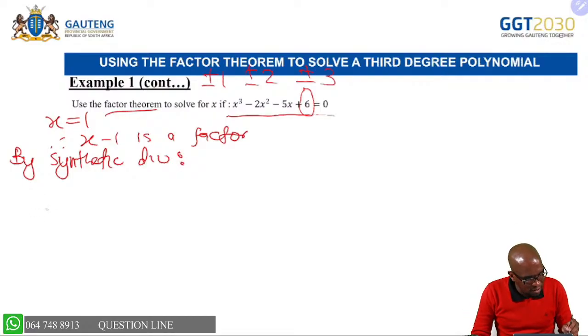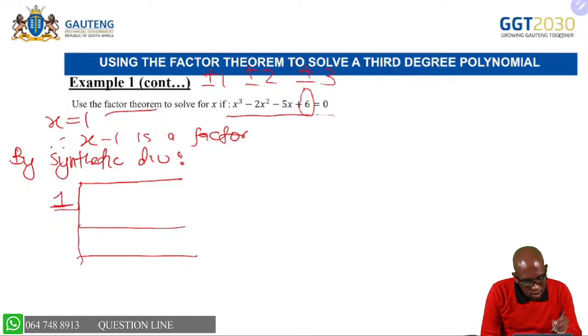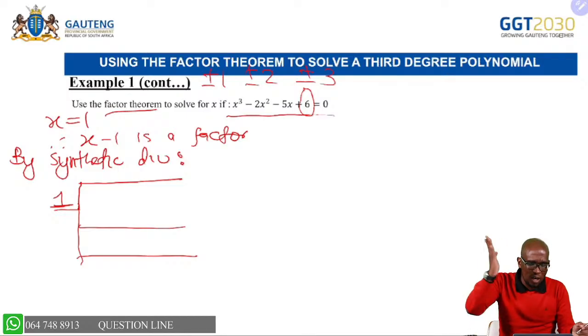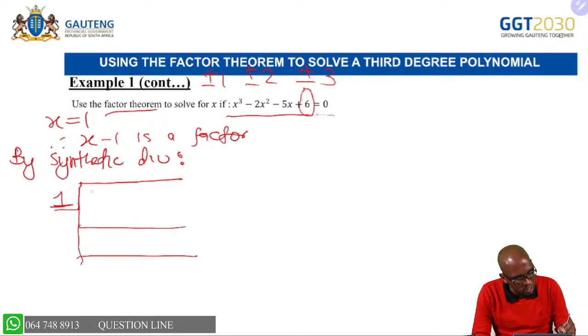I'll have my factor, x minus 1 is a factor in this case. The factor is 1 when I substitute x is equal to 1. Then I'll take the coefficients of all the variables in my equation. The coefficient of x cubed is 1.